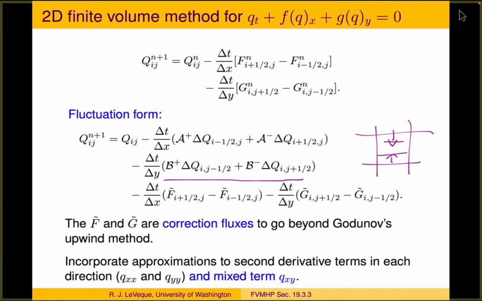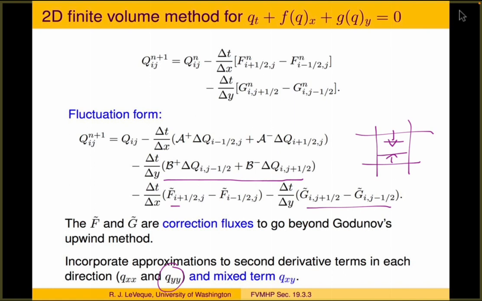And then there will be correction fluxes, which we'll call G tilde, which are based on second derivatives in y that can be calculated in exactly the same way that we calculated the second derivatives in x when we calculated the F tilde correction terms.